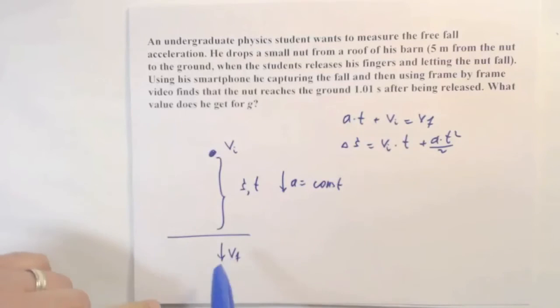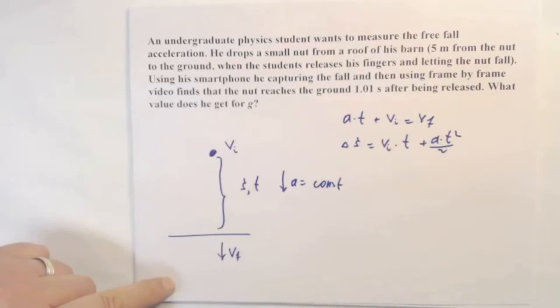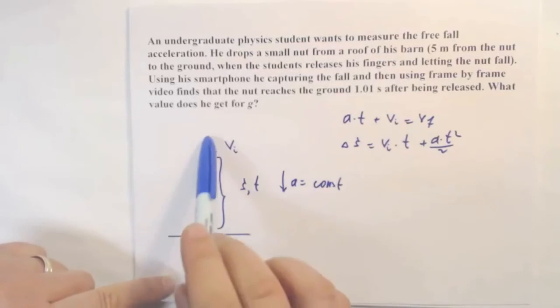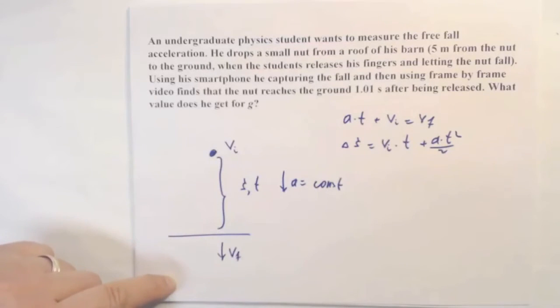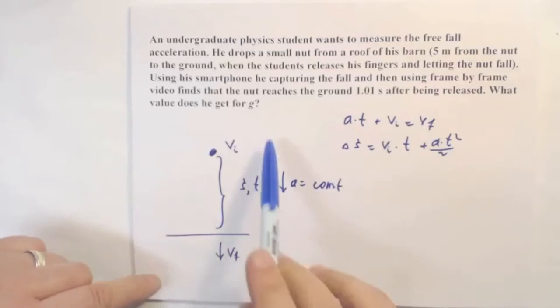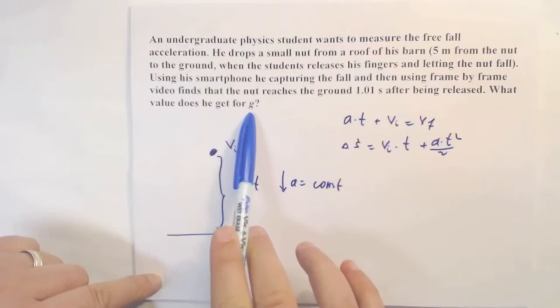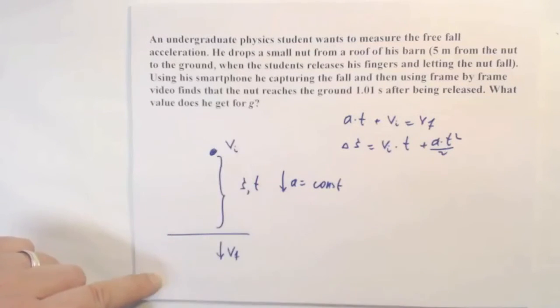We could choose the y-axis straight up, or straight down. Eventually, we would get exactly the same result for the magnitude of the acceleration we're looking for, but the mathematics would look slightly different.